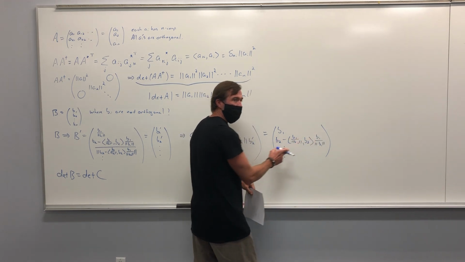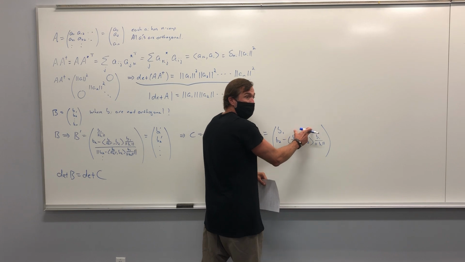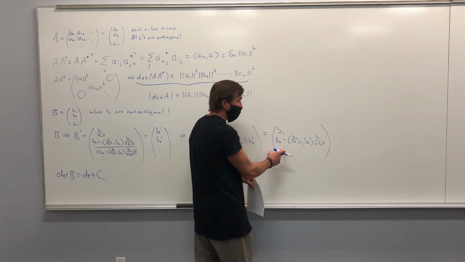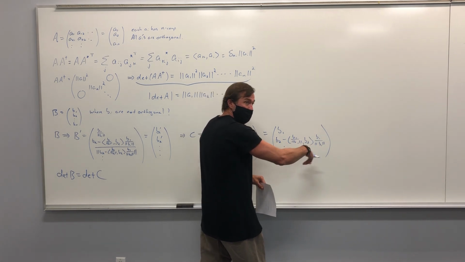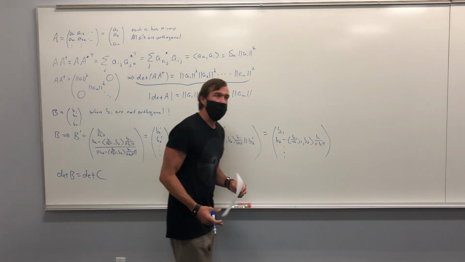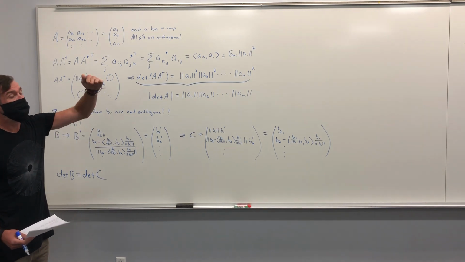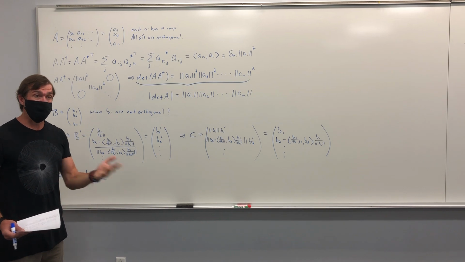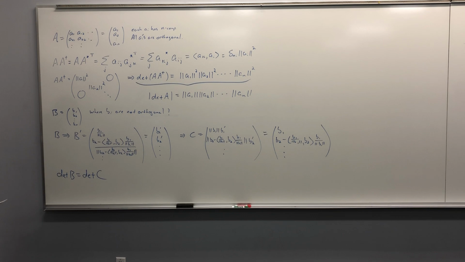So to the second row, we're subtracting, but same difference. For later elements, it would always be the original element of B, and then you add in constants times other rows. If all you're doing to your matrix is taking a row and adding a constant times it to another row, that doesn't change the determinant. You've seen that. Okay? So we have that the determinant of B equals the determinant of C.